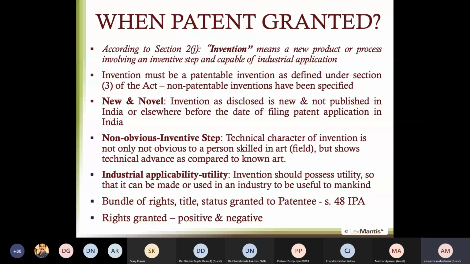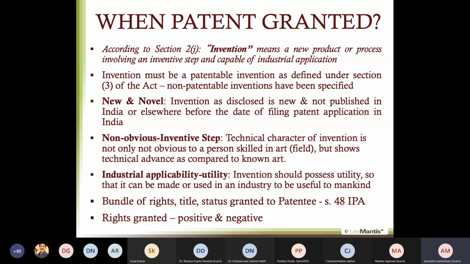So coming to when is a patent granted? A patent is granted for an invention when it means a new product or process, inventive step, capable of industrial application, when it is new and novel, when it has a non-obvious inventive step. So there must be a technological advance in your invention and you should be able to show that technological advance.